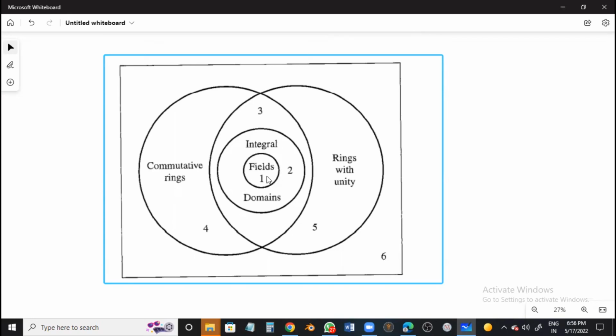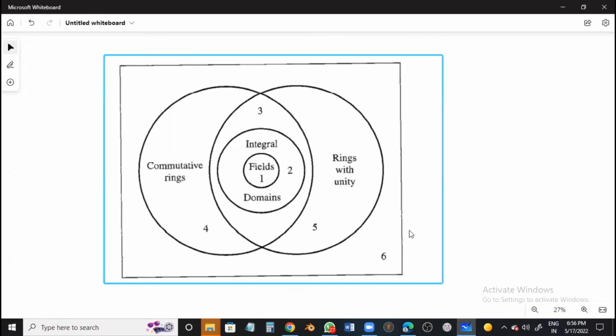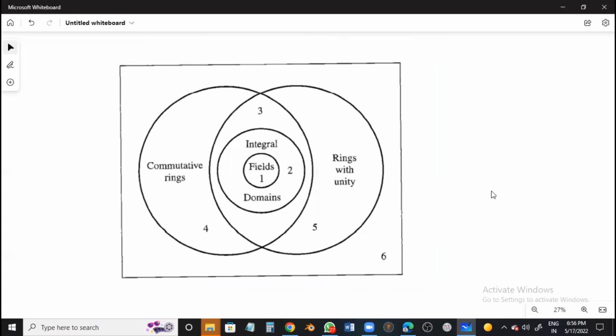So field is the innermost part. Field is subset of all. Field is in the intersection of all. Then comes integral domain. Integral domain is a ring with unity. Integral domain is a commutative ring. So we have to keep this figure in mind. Okay, this explains the relation of all those ring structures. Followed it?